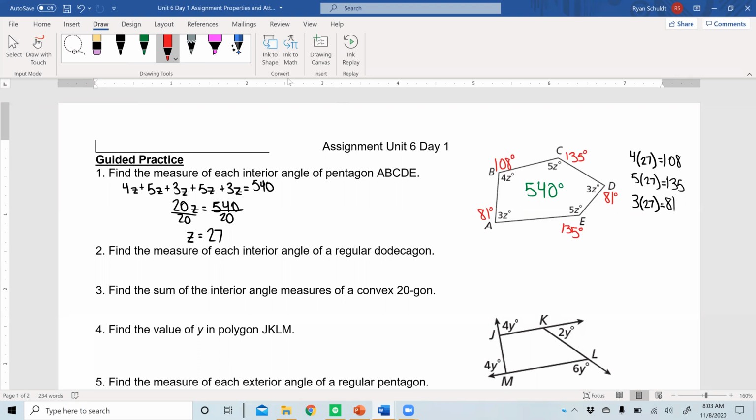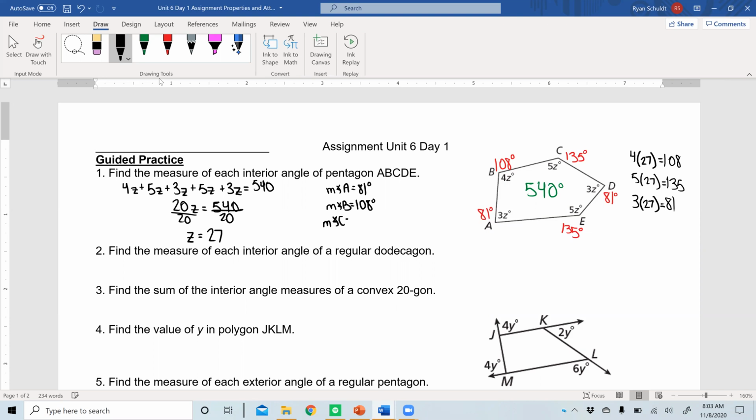Now, I'm not going to say you have to list these out, but I do at least want you to write them on your diagram. If you don't do this, you won't get full credit. So just for the sake of it, I'm going to write them all out so we know without a doubt what these are all equal to. So the measure of angle A equals 81 degrees. Measure of angle B is 108 degrees.